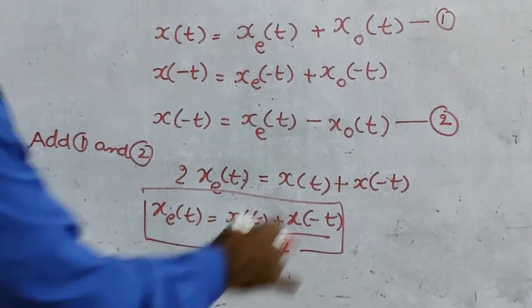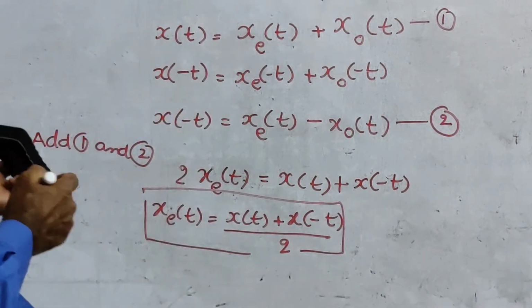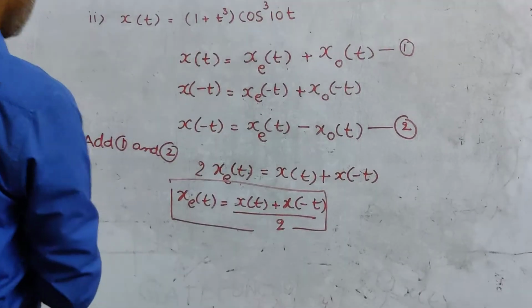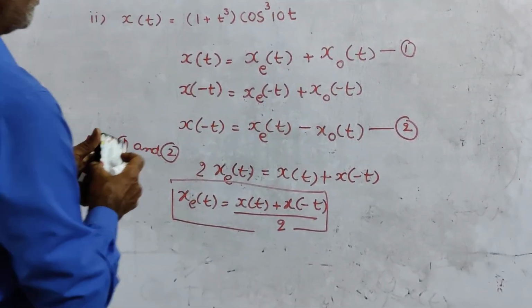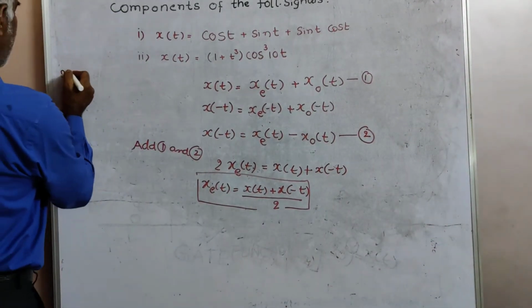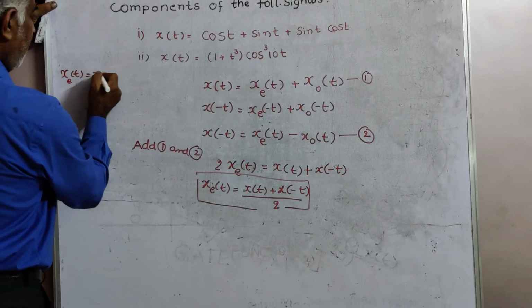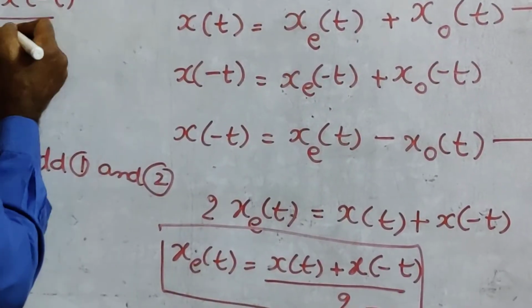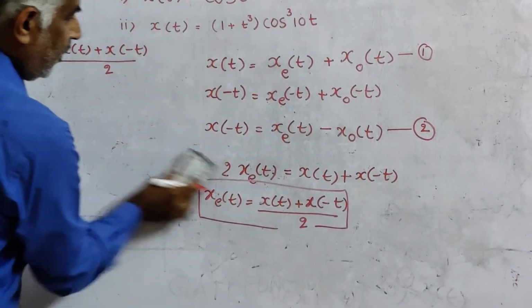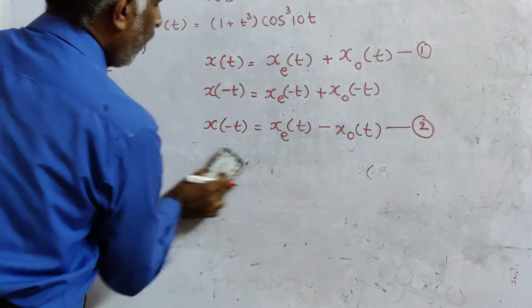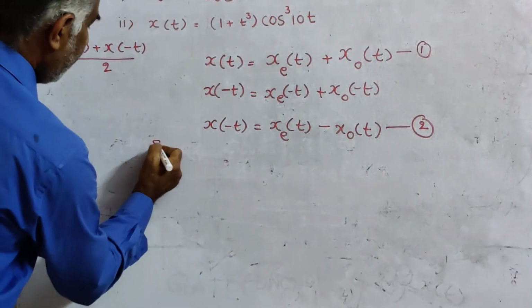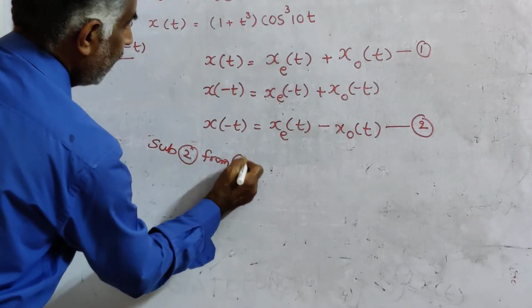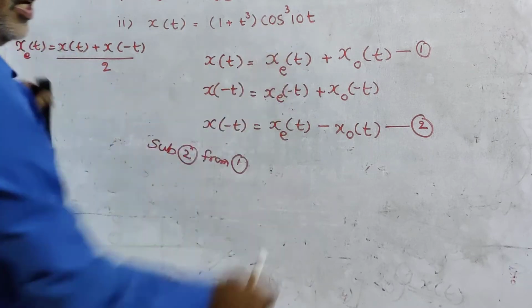Next, subtract 2 from 1. Now the xe terms get cancelled.